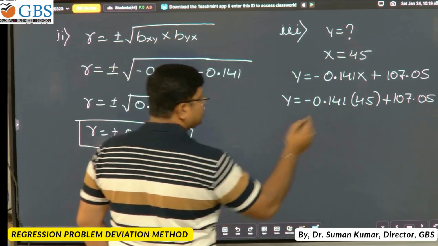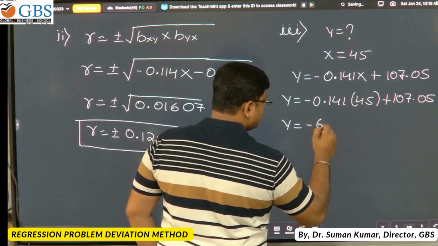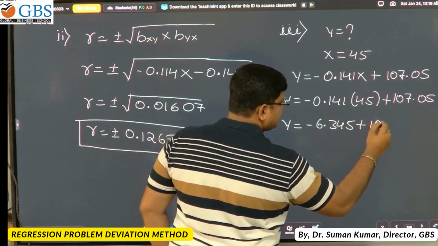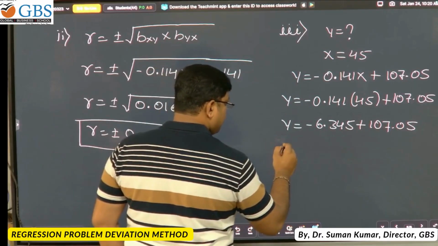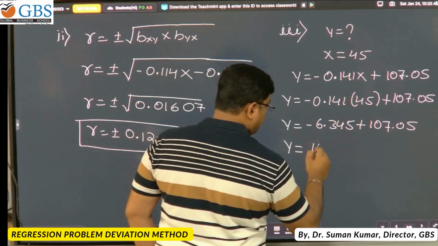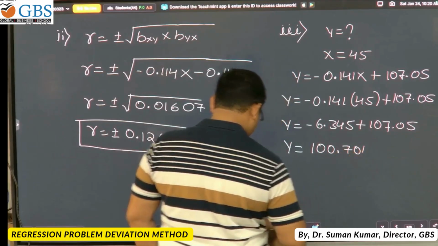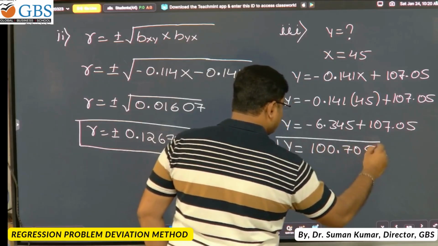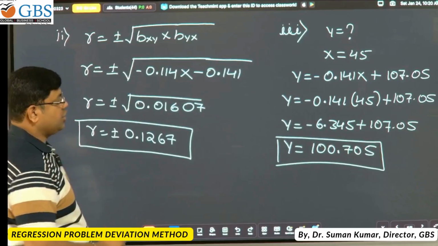Now multiply these two, minus 6.345 plus 107.05, y is equal to 100.705. So this is the final answer. Third answer. Very, very simple. That's it.